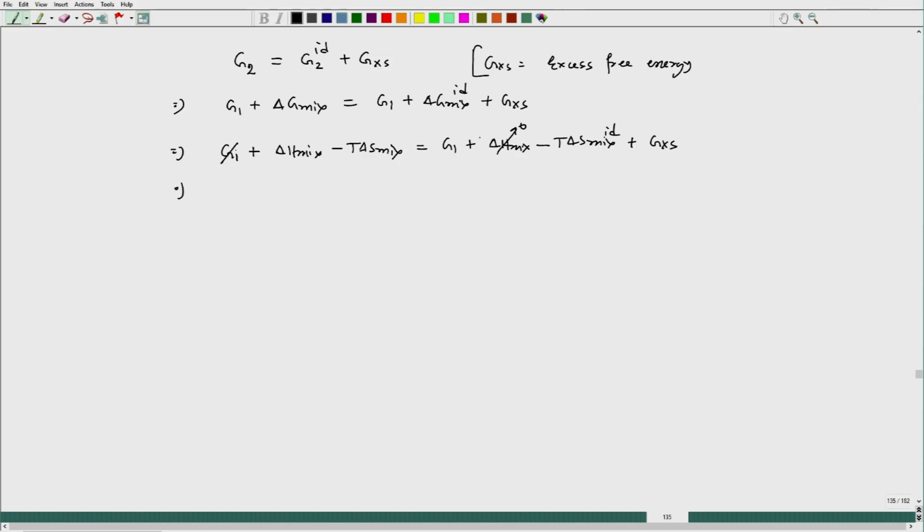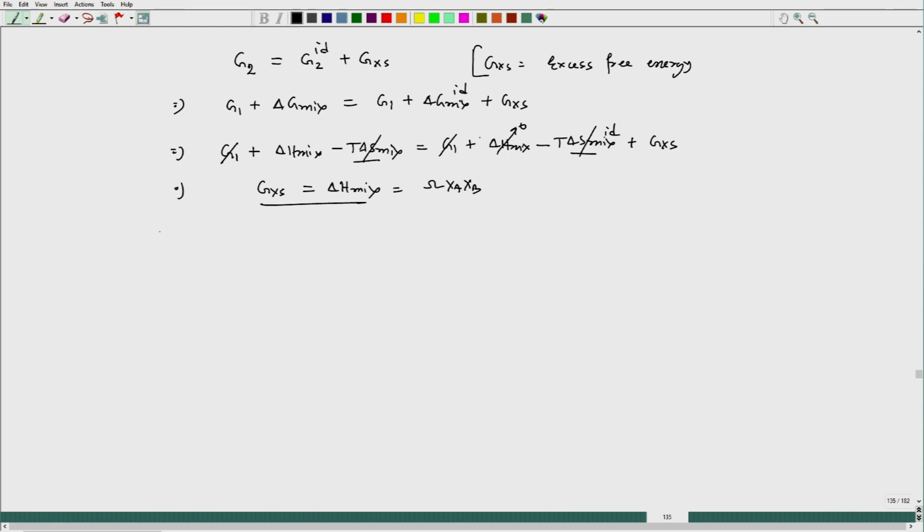So, we could see that in both cases this G1 is the same because this is the unmixed condition. We have also seen that these two are the same because we are not considering any vibrational entropy term, only the mixing entropy term, which comes from configurational entropy. So, Gxs is nothing but delta Hmix, which is nothing but omega Xa Xb.